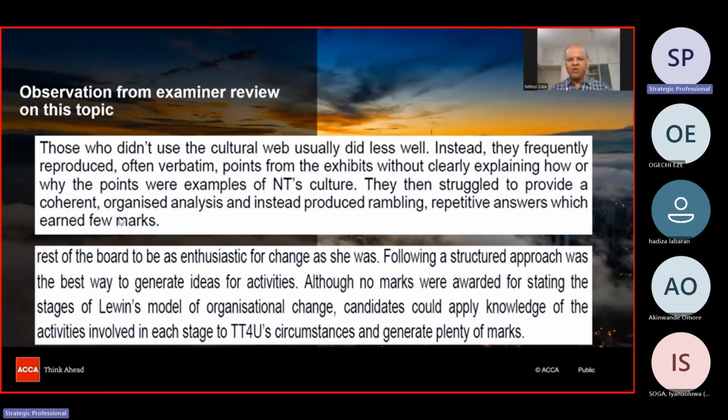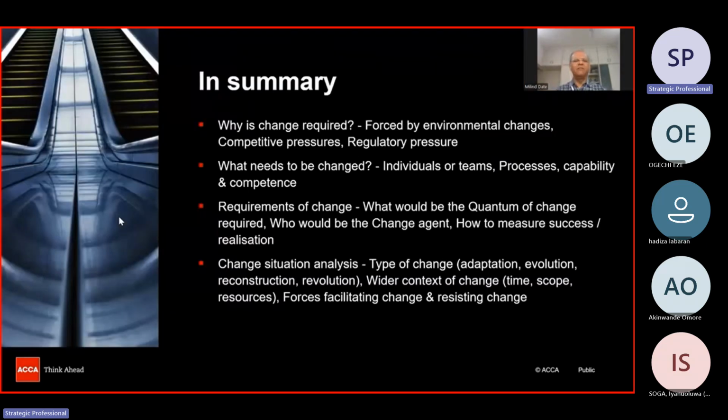Right? So in summary, what have we learned? We have learned the reason why changes are required. You need to, of course, develop your learning alongside this logical sequence. Why is change required? Is it forced, or is it through the initiative of leaders? What needs to be changed?